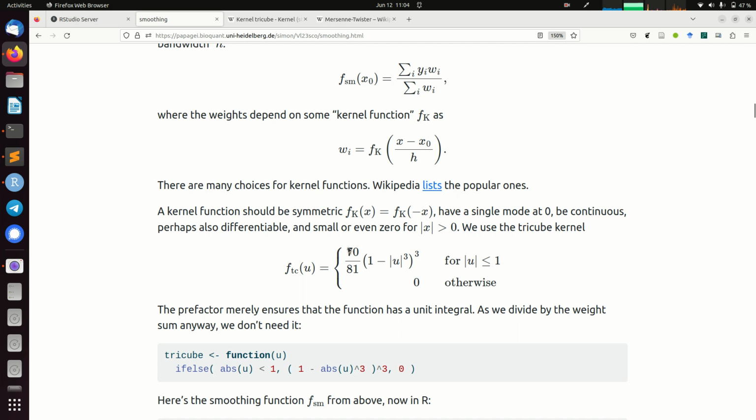And I've put the normalization factor in front of it, 70 over 81. This is just the inverse of the integral of it. If you integrate from -infinity to infinity, or from -1 to 1, you get 81 over 70 for this thing. So we put it in front so that our smoothing kernel has weight 1.